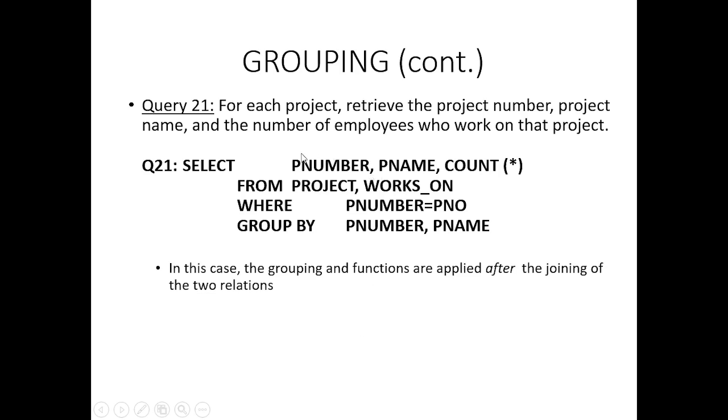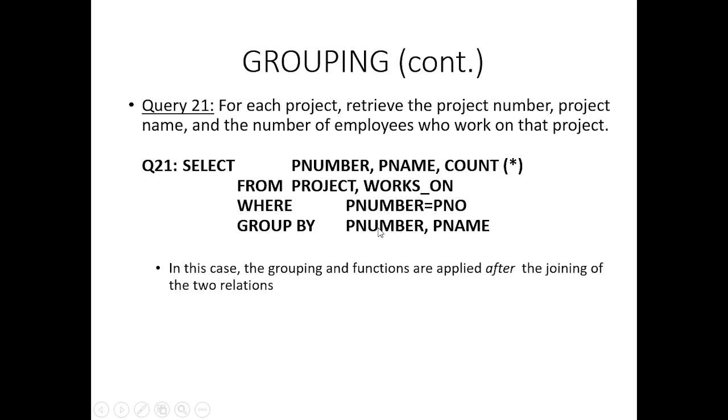So, for example, for each project, retrieve the project number, project name, and the number of employees who work on that project. So select project number, project name, and count star from project, works on where project number equal to PNO. That is how they are connected. Group by project number and name.